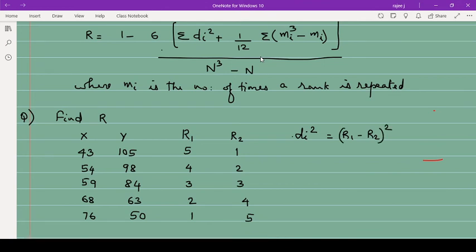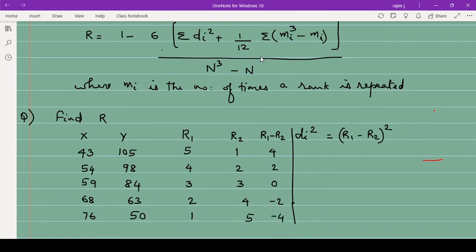For that, you can write one more column here, R1 minus R2. So R1 minus R2 is what? This minus this. So 5 minus 1 is 4, 4 minus 2 is 2, then 3 minus 3 is 0, 2 minus 4 is minus 2, then 1 minus 5 is minus 4.